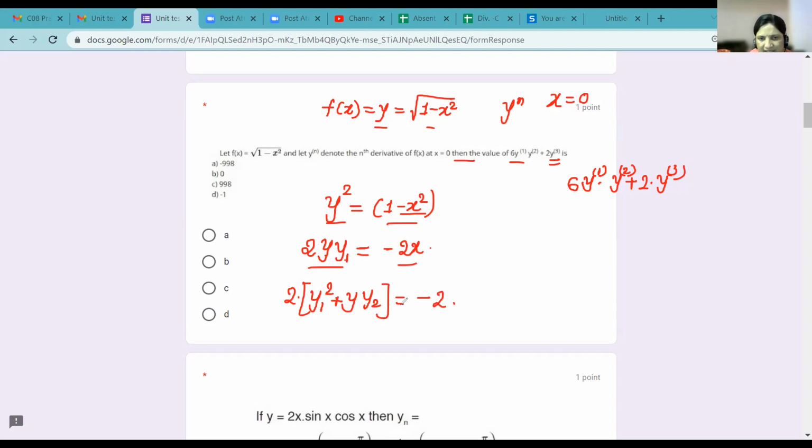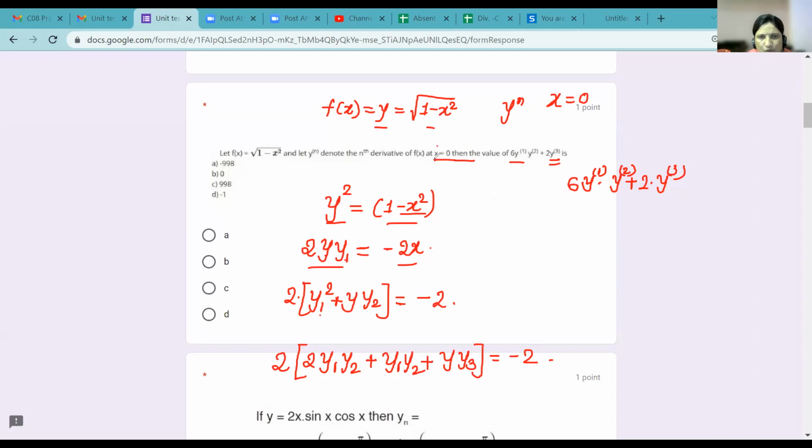Then again we are taking that third derivative. Okay, so 2 constant into y1 square, 2 y1 y2 plus y1 y2 plus y3 is equal to minus 2. What here at x is equal to 0?